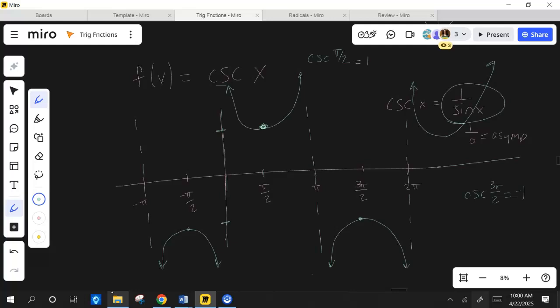It does 2 pi. Look, it's up and then down, and then it starts repeating again. So how long did it take it to do an up and a down? 2 pi. So the period is 2 pi for cosecant and secant, but not for tangent. Just for the first two.